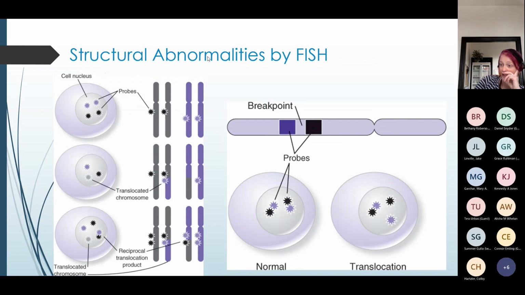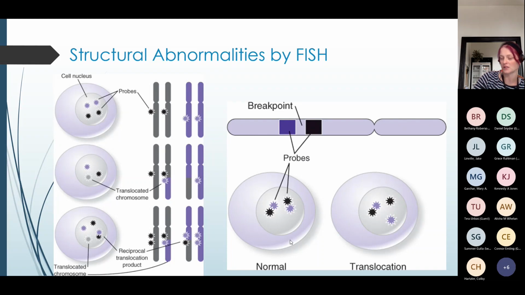Structural abnormalities by FISH. This you should be in metaphase for, especially because if you're looking for a structural abnormality on a chromosome, let's say these 2 areas should be close together, or maybe they shouldn't. You have this chromosome stained black and this chromosome stained purple.